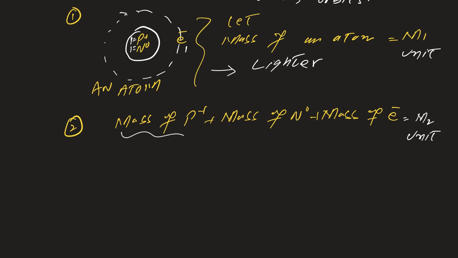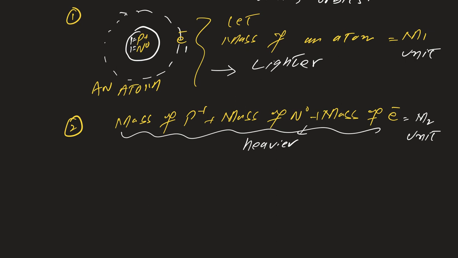So all of these will be heavier as compared to the atom. It means the mass of the particles is greater than the mass of an atom. So there is a mass difference.